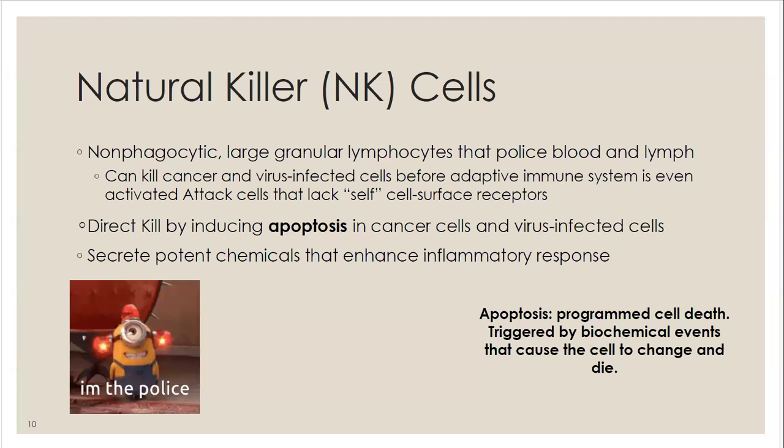How they work is they detect the abnormal cells and identify that the cell is lacking self markers, which are often reduced or absent in infected or cancerous cells. These cells usually don't have the self markers, the cell surface receptors that identify what type of cell it is.